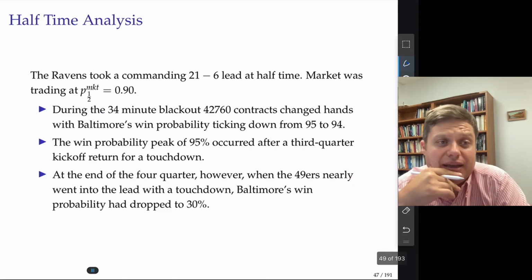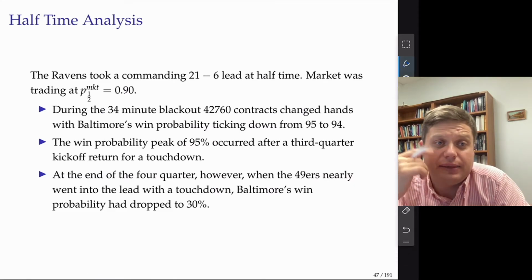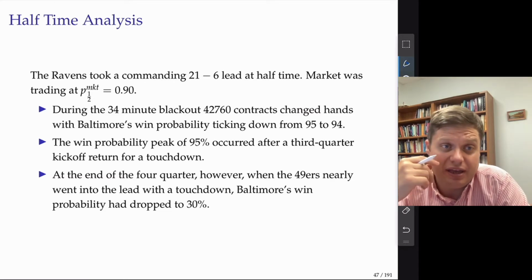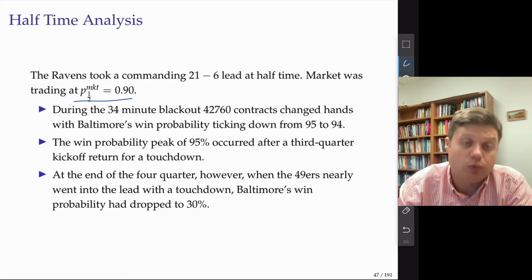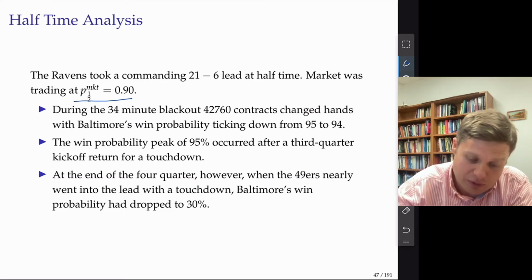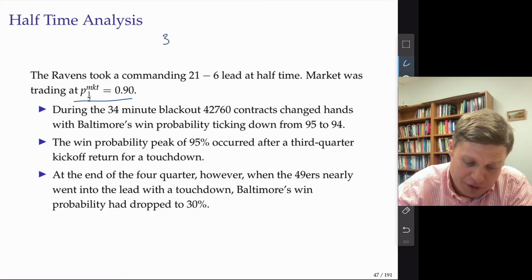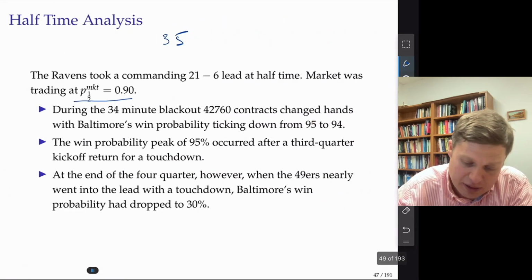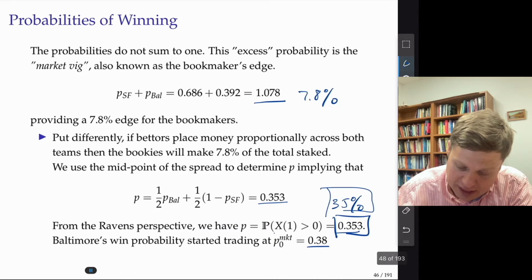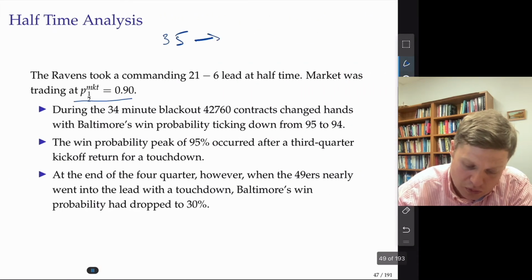Let's do halftime analysis. You remember that at the halftime it was 21-6. So if you calculate the probability that Ravens win at the halftime, it was 90%. So it went from the 35% we calculated at the beginning of the game to 90% at halftime.